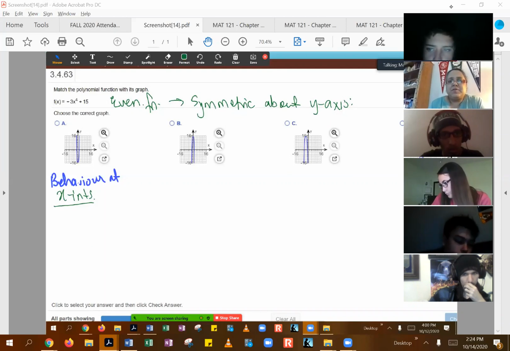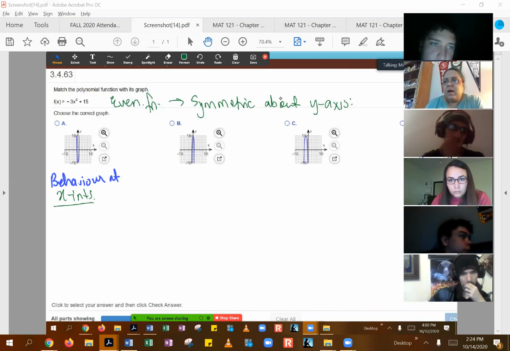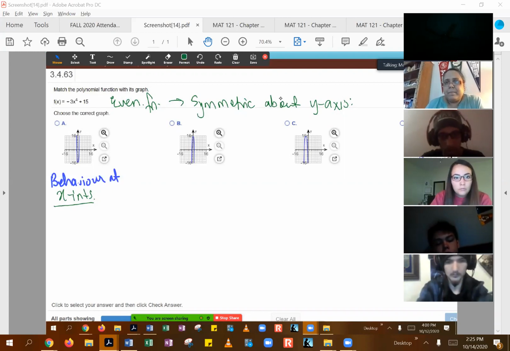Okay, so Oliver, you are talking about using the quadratic form. So what would we do for the quadratic form? And what other method can we use instead of the quadratic form if we wanted to use something else?